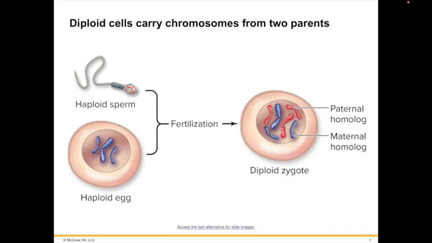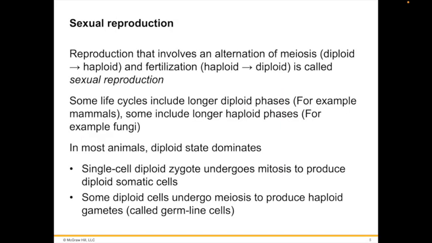The life cycles of all sexually reproducing organisms follow a pattern of alternation between diploid and haploid chromosome numbers. But there is some variation in life cycles. Many types of algae, for example, spend the majority of their life cycle in a haploid state.